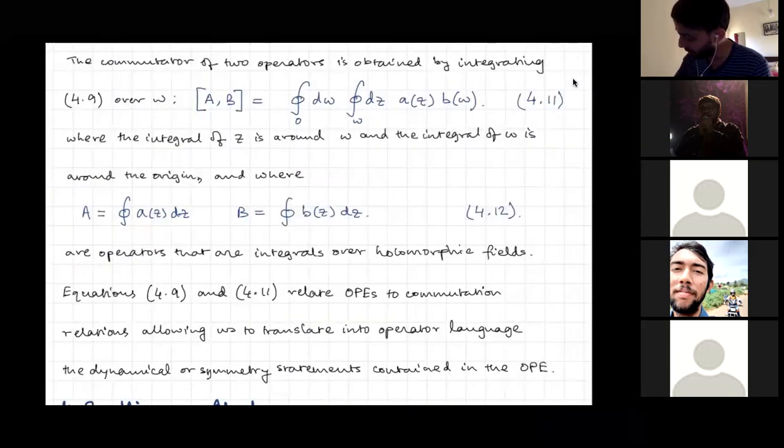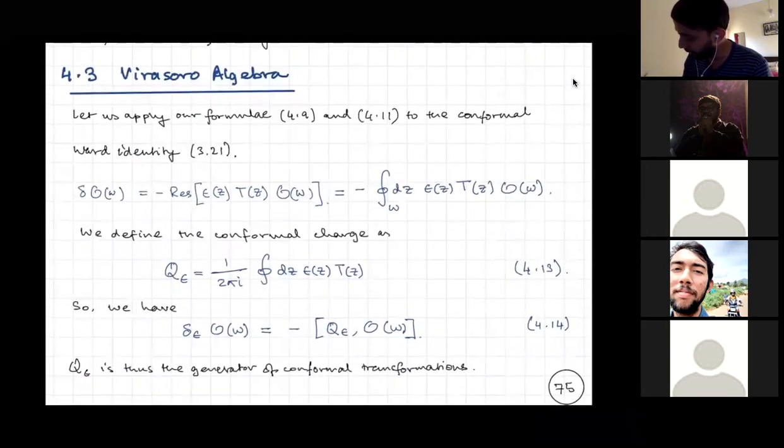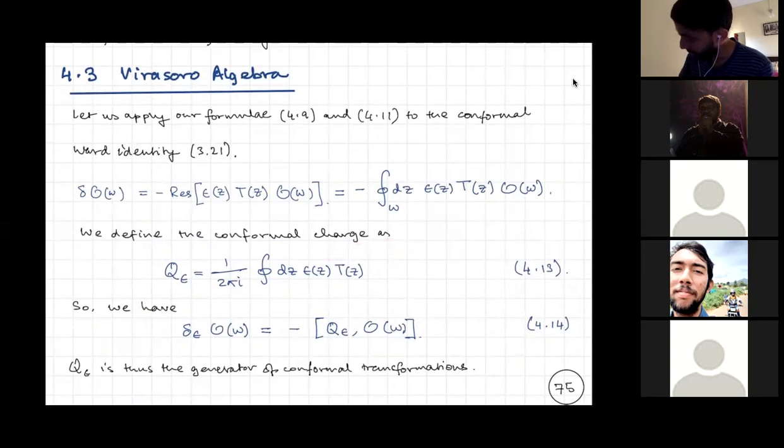This is by plugging this back in: you put ε_n z to the n plus 1, and if you plug those things in, you will find that this is equal to ε_n L_n. Okay, so that is what you will find.